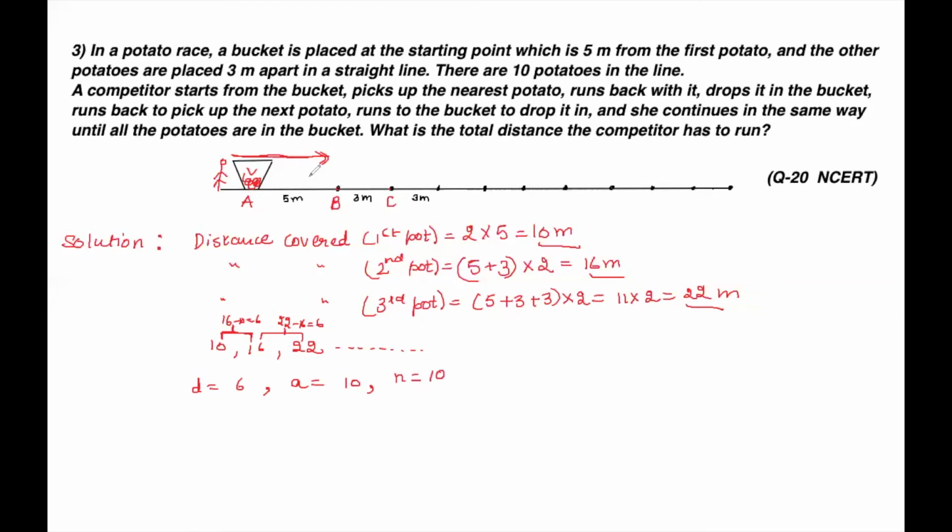What we need to do is find the sum of the distance, that is, the total distance covered by the competitor. So we will apply the sum formula. The sum formula is n by 2, 2a plus n minus 1 into d. Fine, we'll substitute the values.